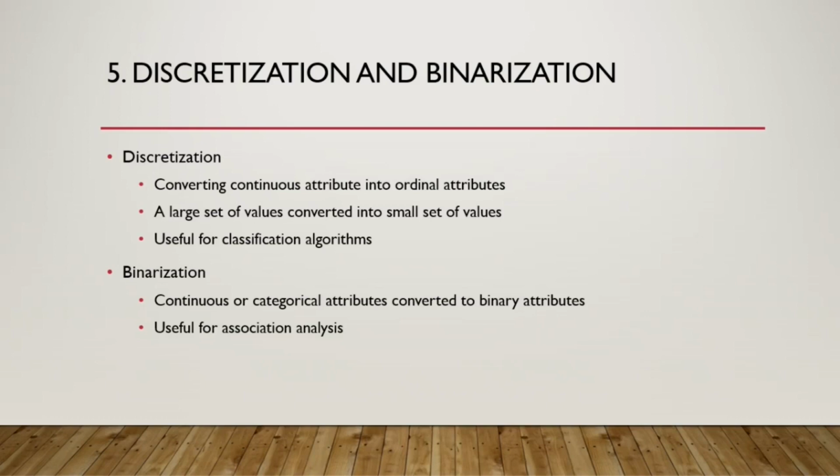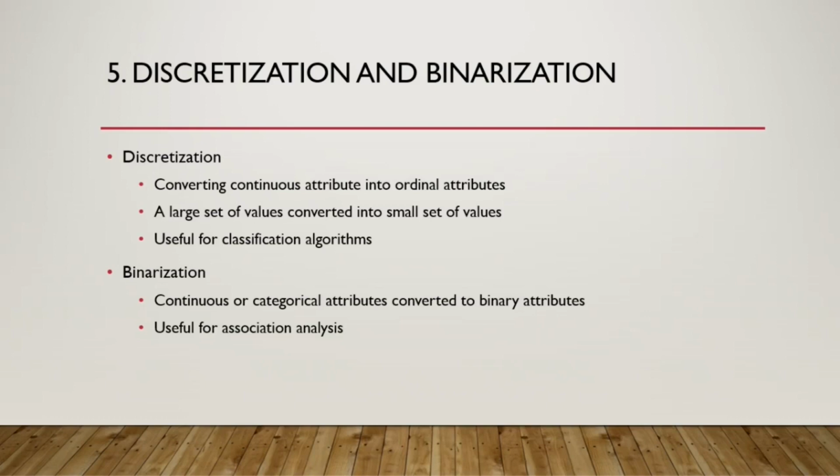You understand that age from 0 to 80 or 0 to 90, so all possible 90 values, maybe I can keep it in 9 bins or 9 buckets. So instead of maintaining 90 values, I can only maintain 9 values. So here a large set of values is converted to a small set of values, and it is actually useful for classification algorithms. What are those? That I will come to gradually. Okay, that method is called discretization.